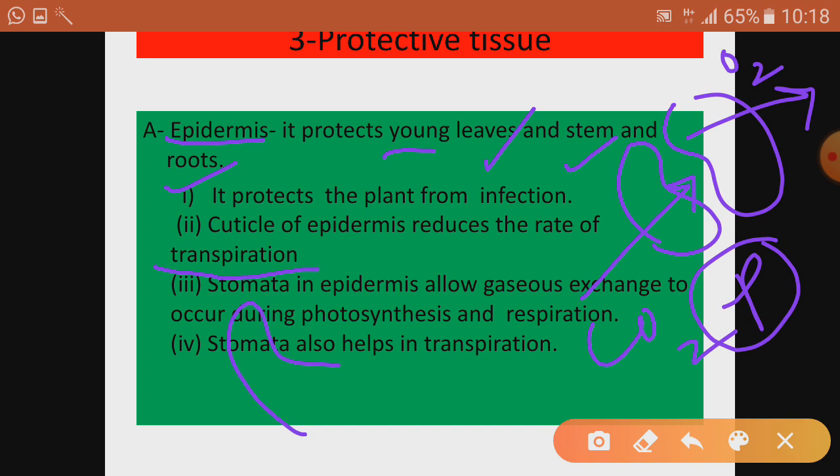Now what happens during respiration? Which gas gets inside? Just like us, plants also respire. Plants take oxygen for respiration and give out carbon dioxide as a byproduct. So that's why we say stomata are helpful for exchange of gases in processes like photosynthesis and respiration. In both, exchange is happening.